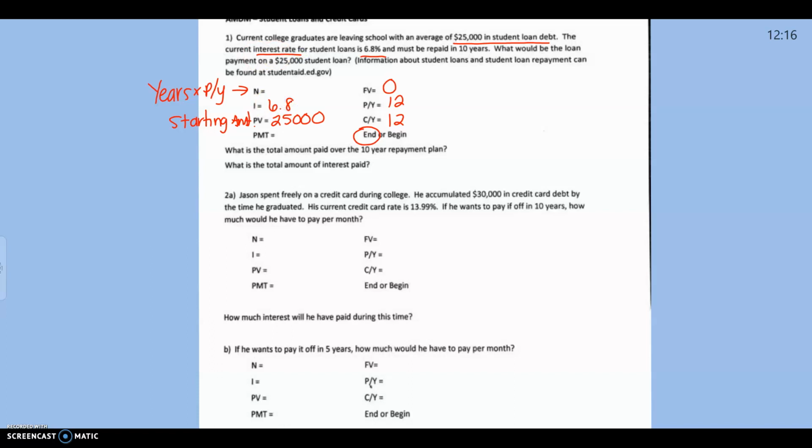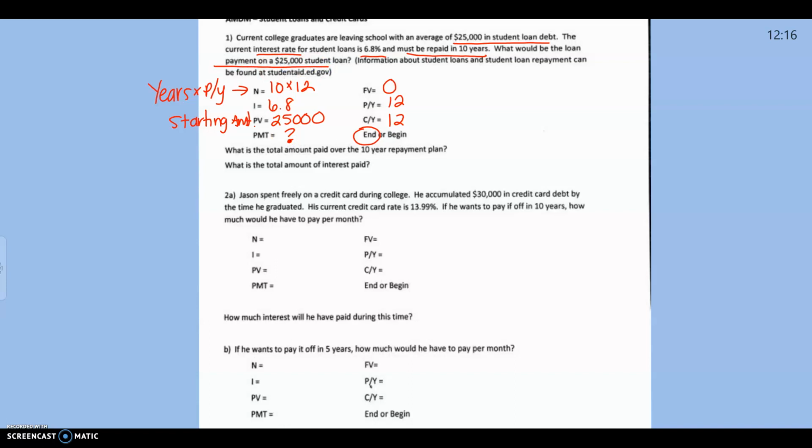It says it must be repaid in 10 years. So for N, we're going to put 10 years, and it's always times 12. Always, because you're going to pay for 10 years, 12 times a year. And then it says, what would be the payment? So we're looking for payment. That's where our question mark goes.